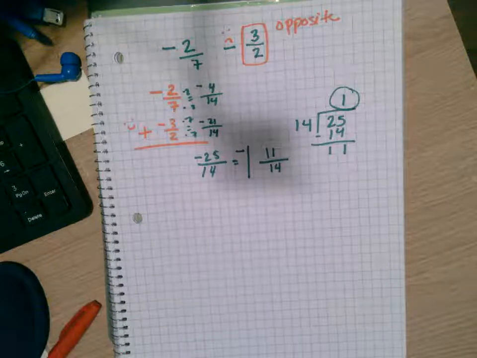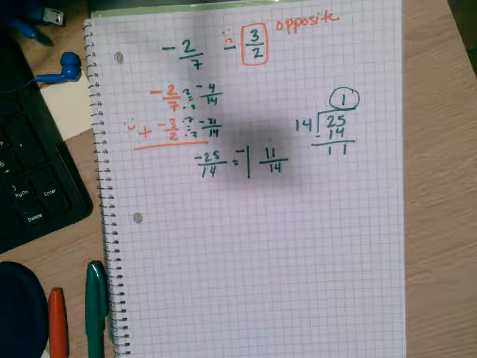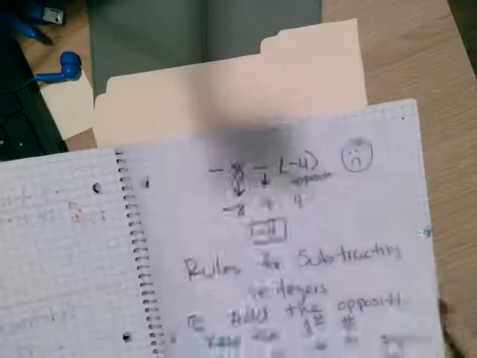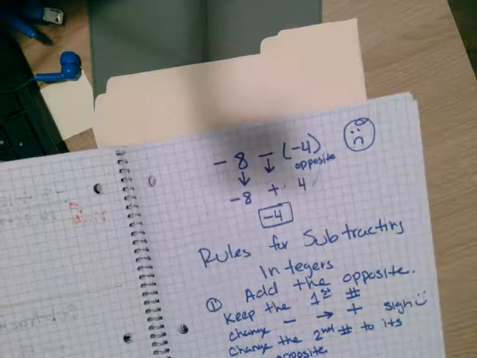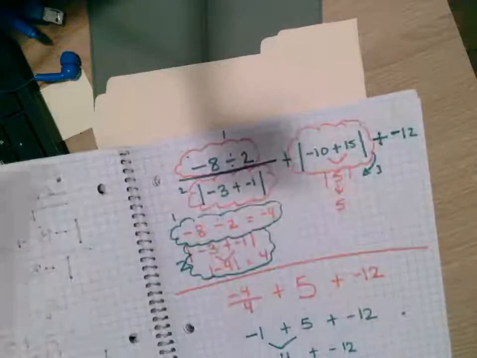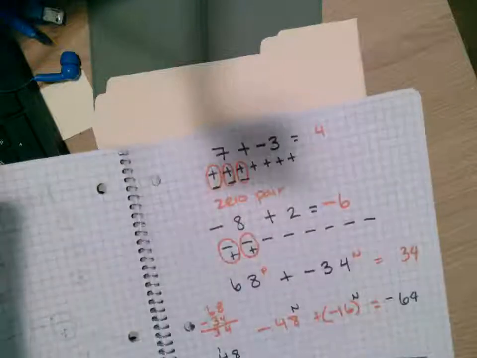All right. So are there any questions in general? All right. So reminder, you probably might need to go back to way back in the days for adding integers, which were done when we were so young.